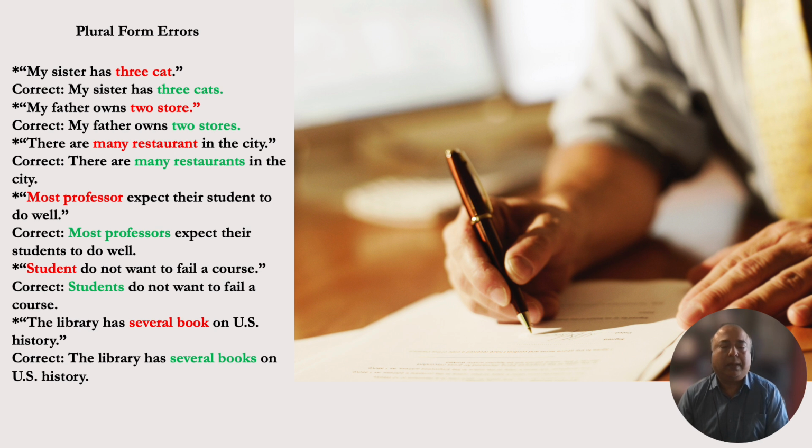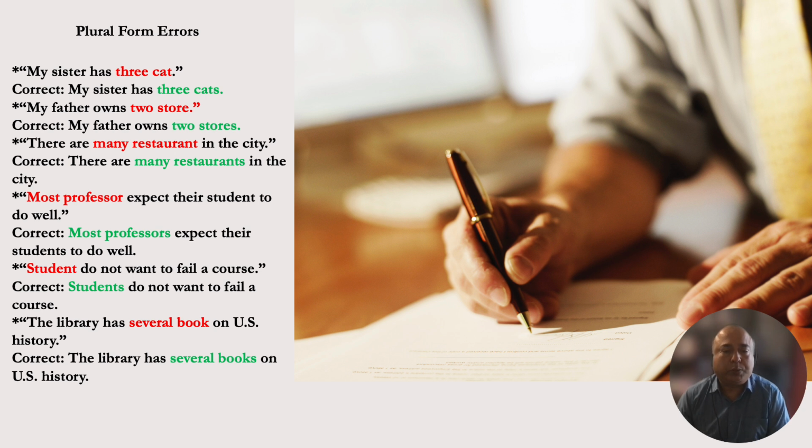That S there, right, means there is more than one cat. Now I understand for students who speak Mandarin as their first language, they find this strange or confusing because in Mandarin you just say, "my sister has 3 cat." There's no S. So these students, when they write in English, sometimes tend to make that error. So just be mindful, learn these plural forms correctly.